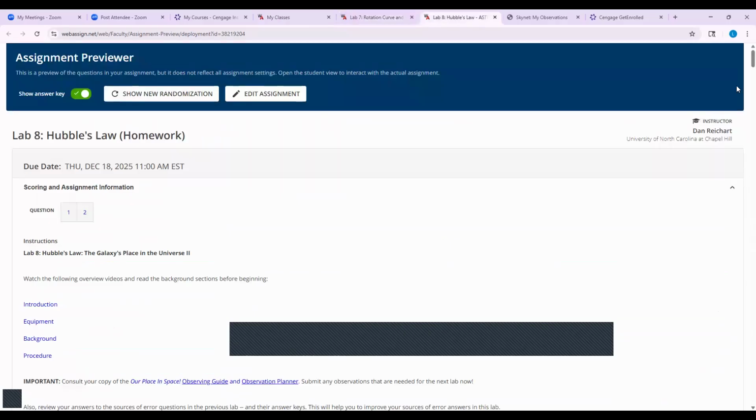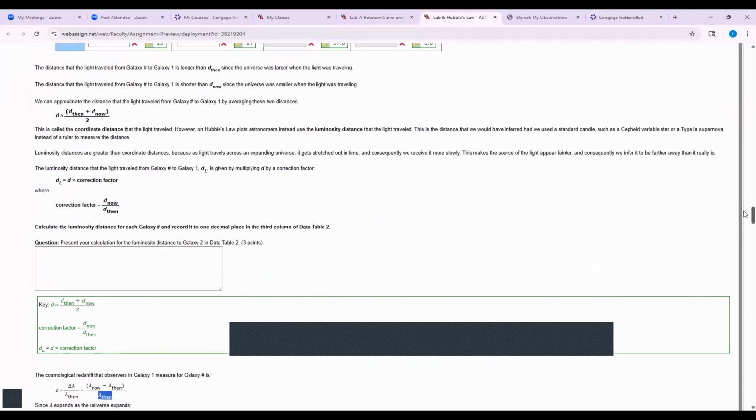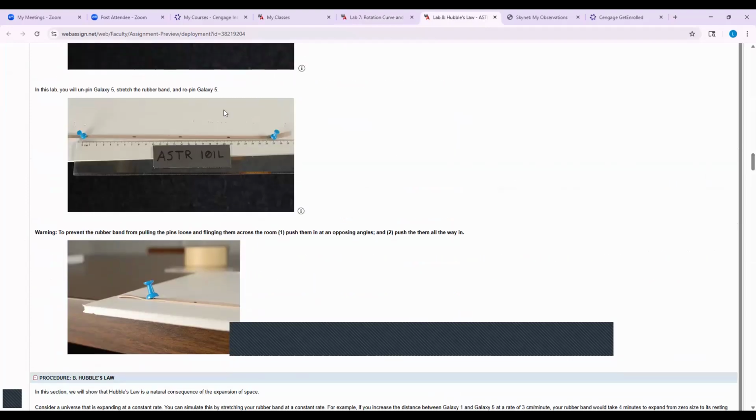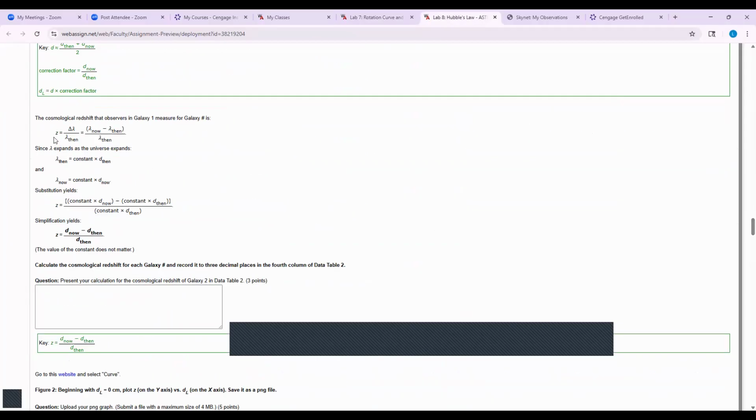But here on lab 8, instead of the wavelengths, we're doing the distance between the points here, and how they're going to be connected. That's a simple, intuitive way that Skynet University uses here. We assume the wavelengths that we're going to measure; we don't have any ruler that measures the distance between the galaxy and us.